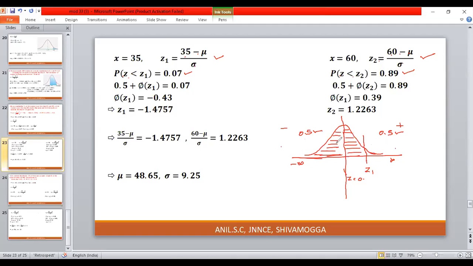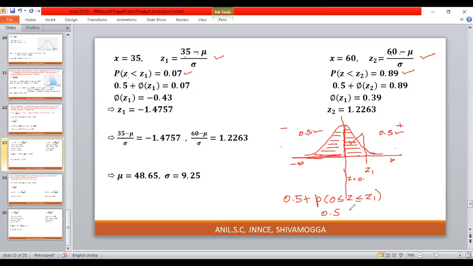And how do you write this shaded area? This area is 0.5, plus this area. This area is from Z equal to 0 to Z1, denoted by P, where 0 less than or equal to Z less than or equal to Z1.